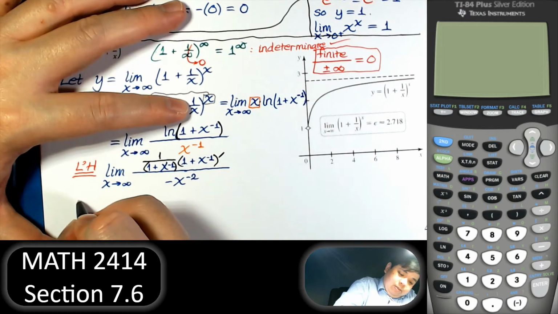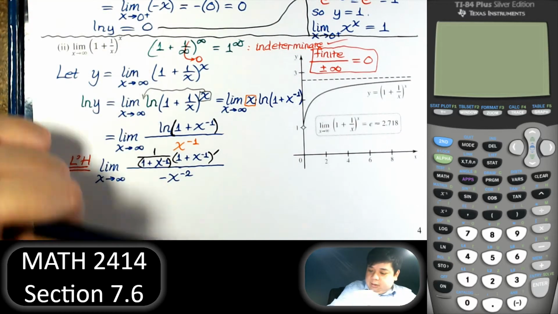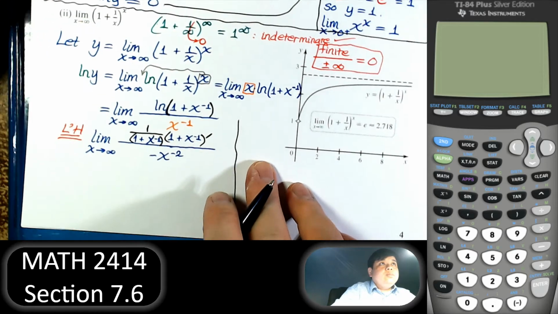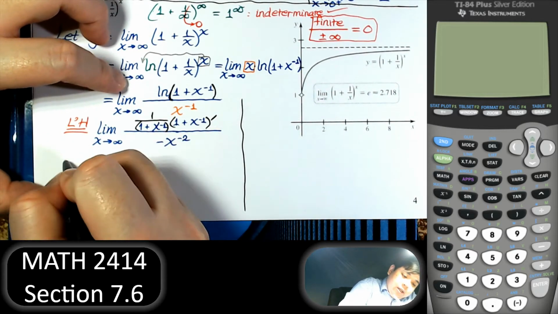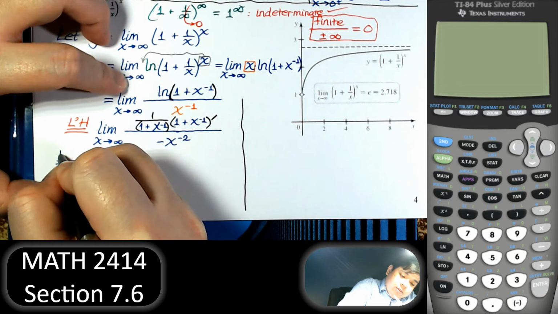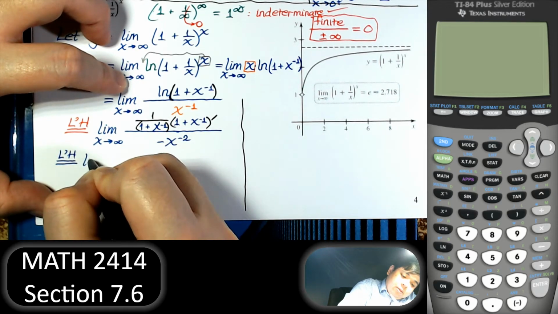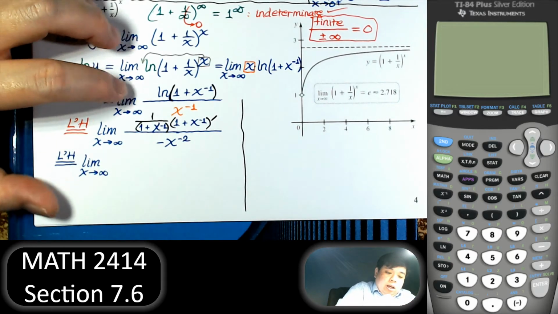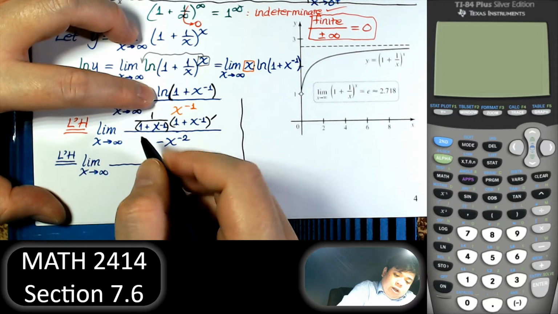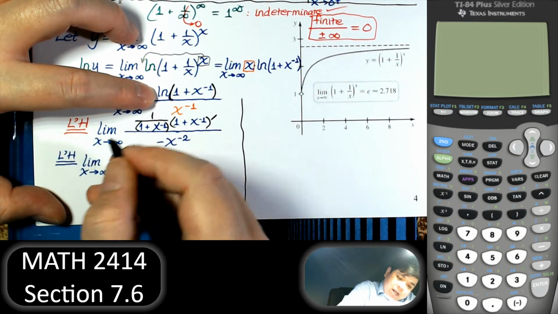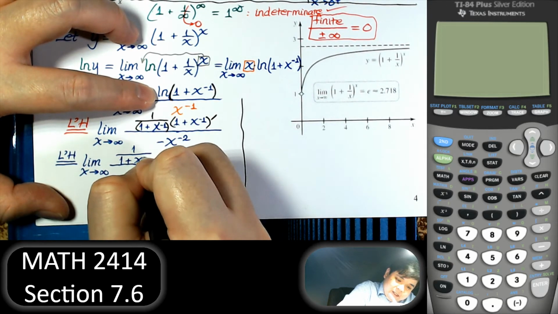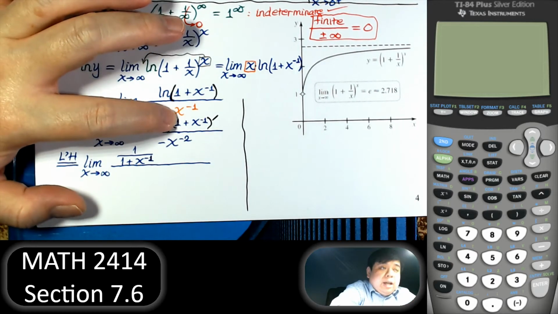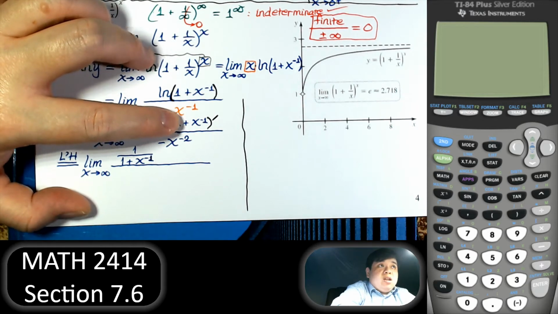Right, we have the ratio. The derivative of 1, the derivative of a constant, is 0.